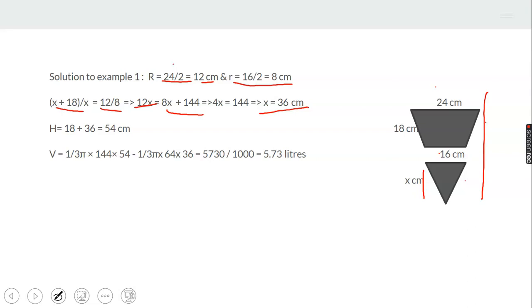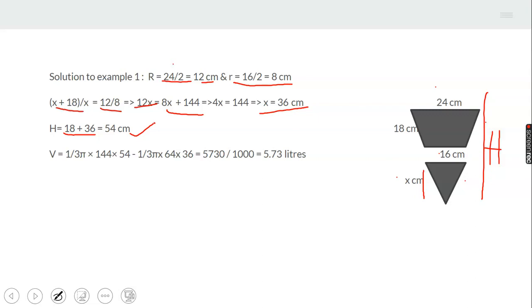Now, the height of the entire cone, which is capital H, will give me 18 plus 36, and that will be 54. So we need to know the height of the bigger cone.